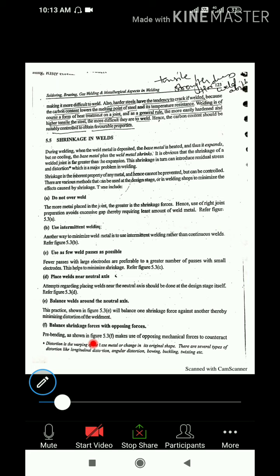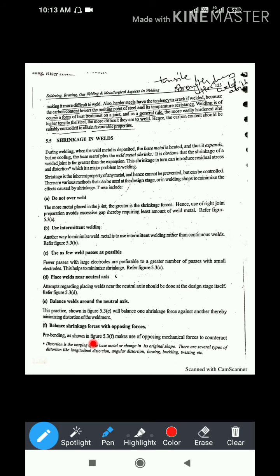Now, the shrinkage in the weld. What do you mean by shrinkage in the weld? You have studied shrinkage in casting. What is shrinkage? When a liquid metal, which has been at a high temperature above the melting point, starts to cool, it starts to solidify.